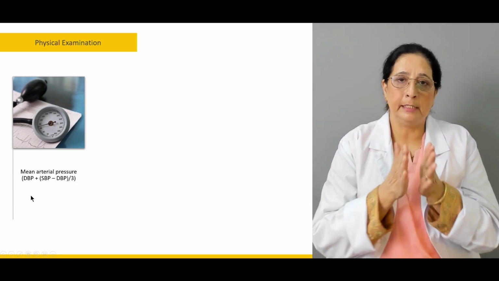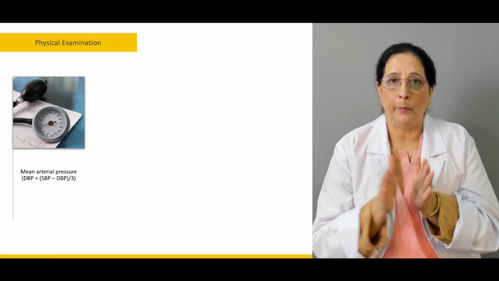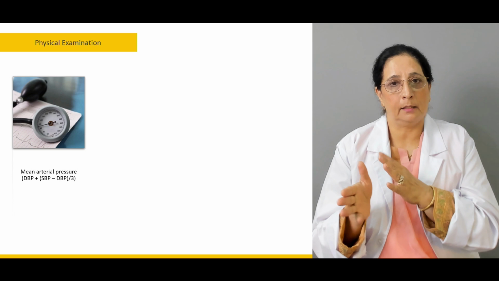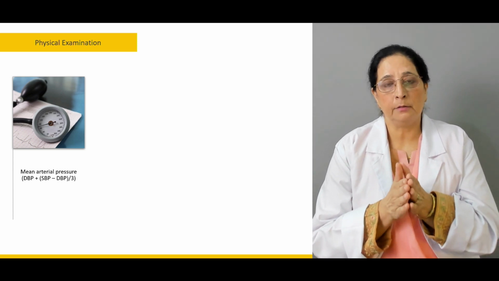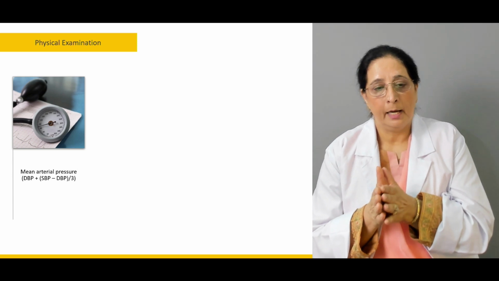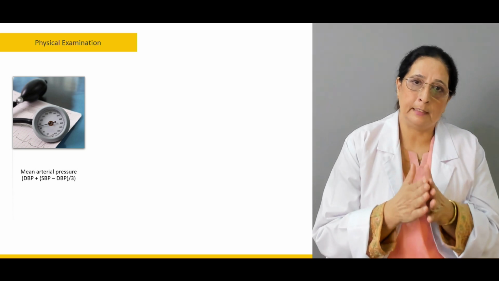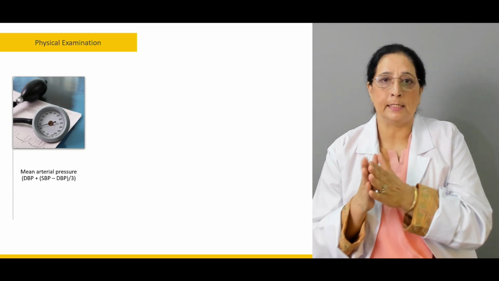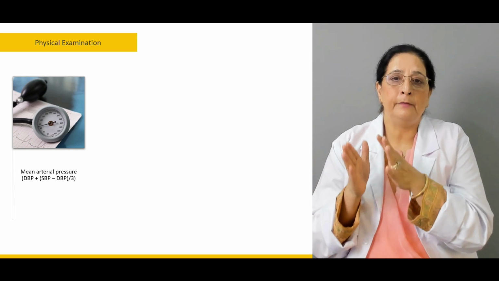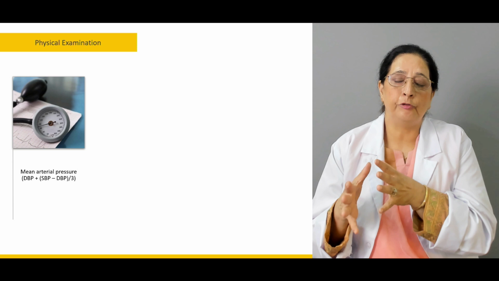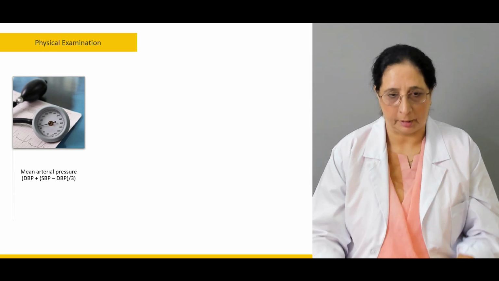So for mean arterial pressure, we take the diastolic blood pressure, suppose it's 60. We take the systolic blood pressure, which might be 100, minus the diastolic blood pressure, which we said is 60. So 100 minus 60 is 40. And then we divide the 40 by 3, and that gives us the mean arterial pressure.